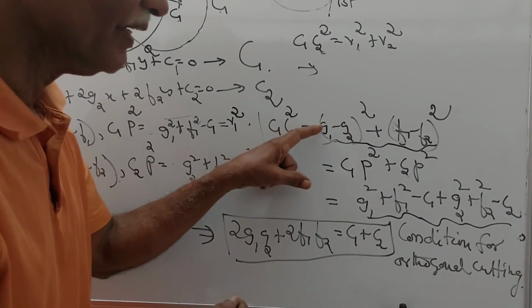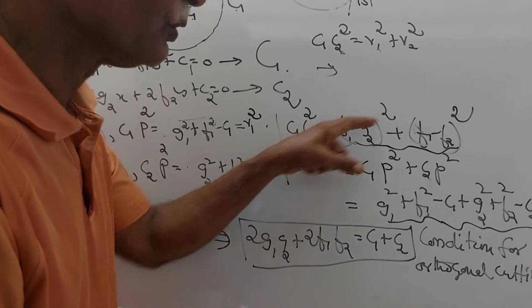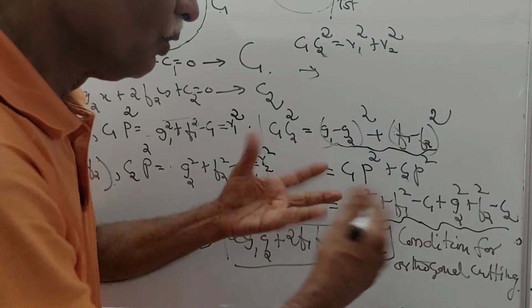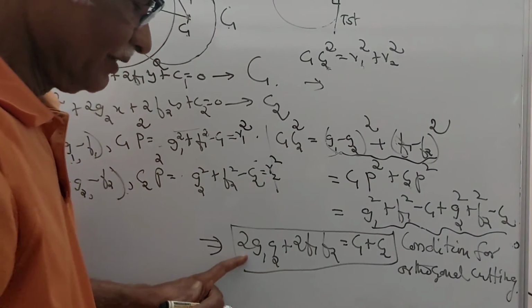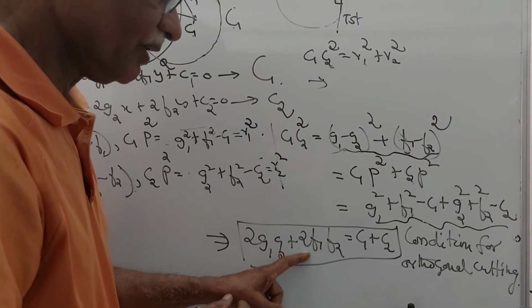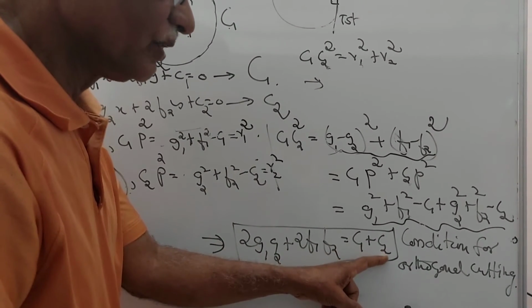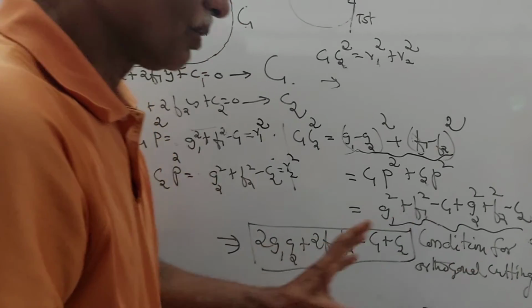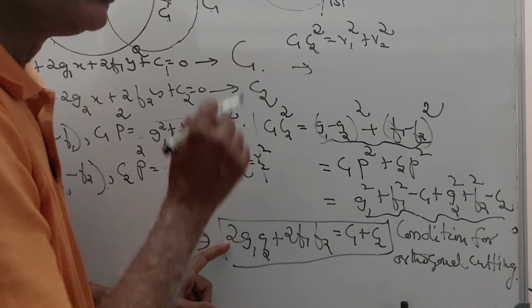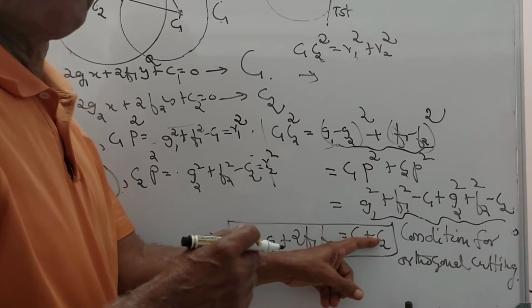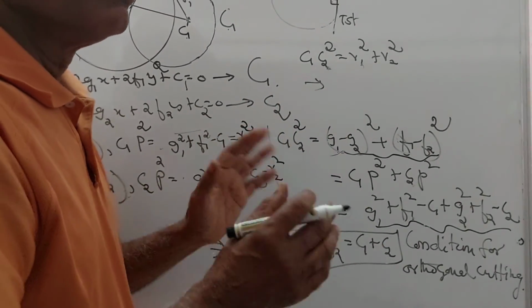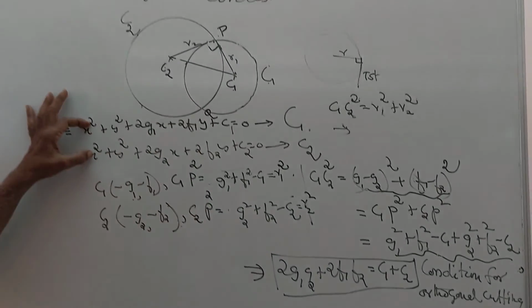So what remains here is minus 2 g1 g2 minus 2 f1 f2. On the other side, minus c1 minus c2. So ultimately 2 g1 g2 plus 2 f1 f2 equals c1 plus c2 is the condition for orthogonal cutting. So remember this, 2 g1 g2 plus 2 f1 f2 equals c1 plus c2 is the condition for the circles to cut orthogonally.